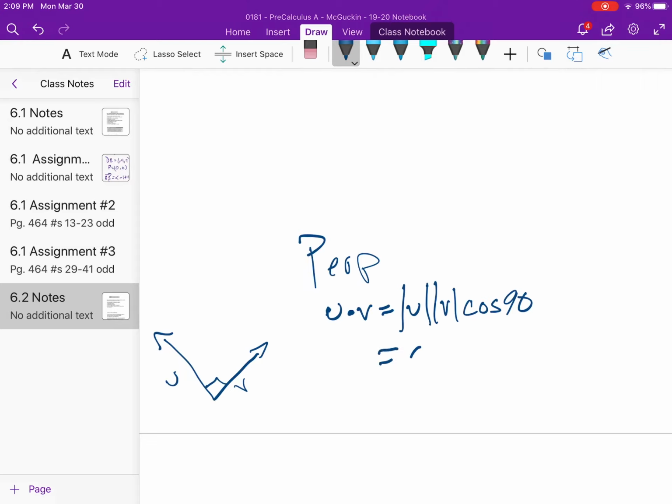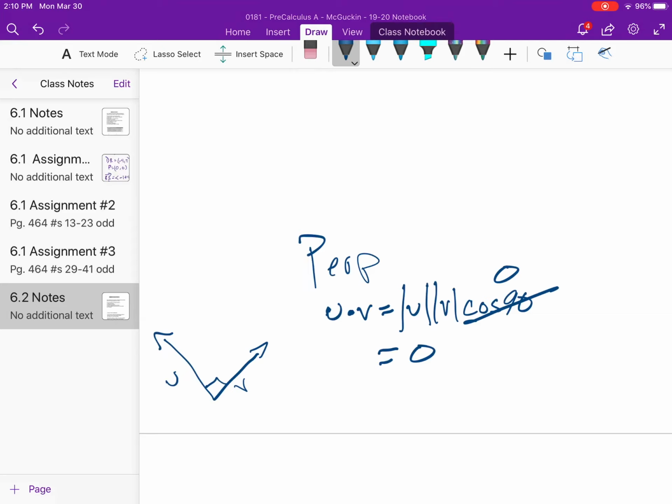Hopefully you see that this just ends up being 0 because the cosine of 90 is 0. So that's why we put the words perpendicular and orthogonal hand in hand with one another. You can't just use them interchangeably, but they do have very similar results when it's all said and done, okay?